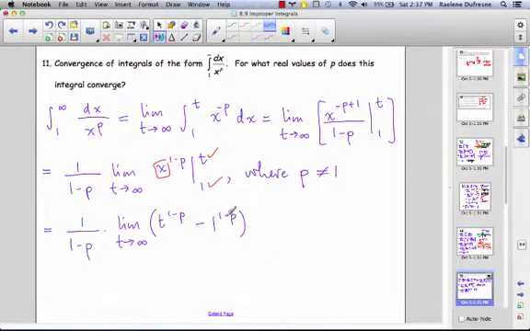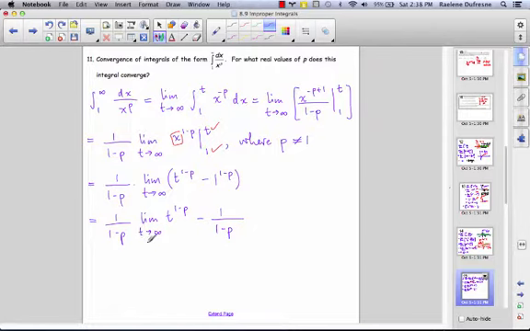Either way, 1 to that exponent will be 1, and so we are going to get a 1 from here. Furthermore, we can break this apart, and we get 1 over 1 minus p times the limit as t approaches infinity of t to the 1 minus p, minus 1, times the factor out front.